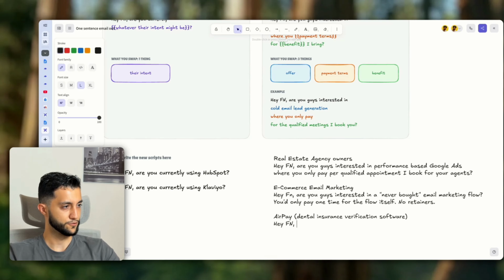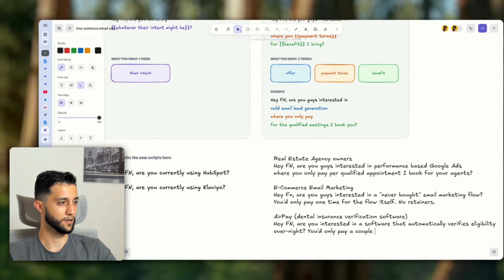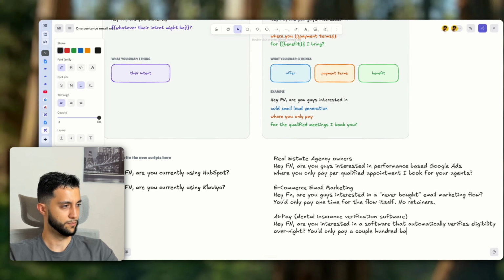Boom. Hey, first name, are you interested in a software that automatically verifies eligibility overnight? You'd only pay a couple hundred. I guess this is two sentences now, so I'm kind of ruining it for myself. Let me write this and then we write another one trying to hit one sentence. You'll only pay a couple $100 per location.